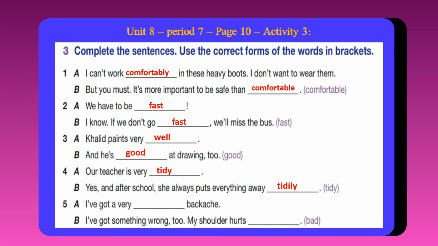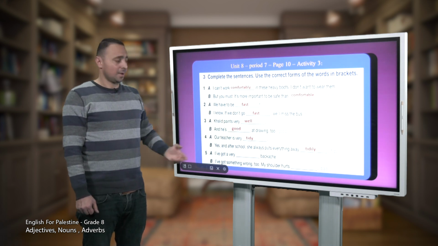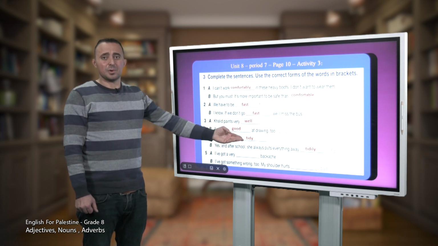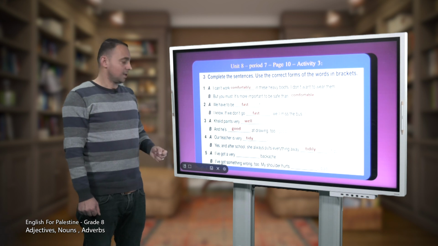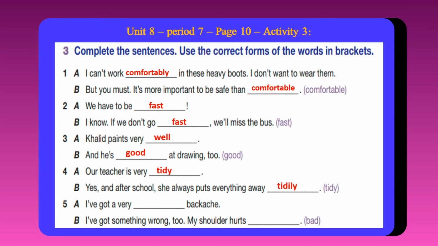My shoulder hurts bad becomes badly. Why? Because we need an adverb to describe the verb or the action hurts. I've got something wrong too. My shoulder hurts badly. And notice we add ly at the end of the adjective bad to get the adverb.